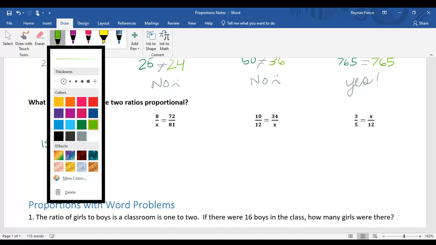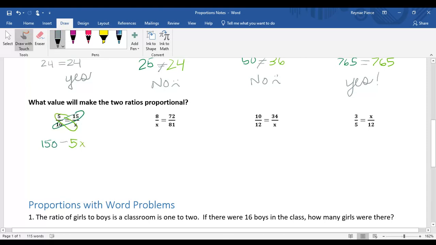Okay, and in order for these to be proportional, we have to set these equal to each other. Okay, since we have 5 times x, we're going to divide both sides by 5. And 150 divided by 5 tells us that x is 30.